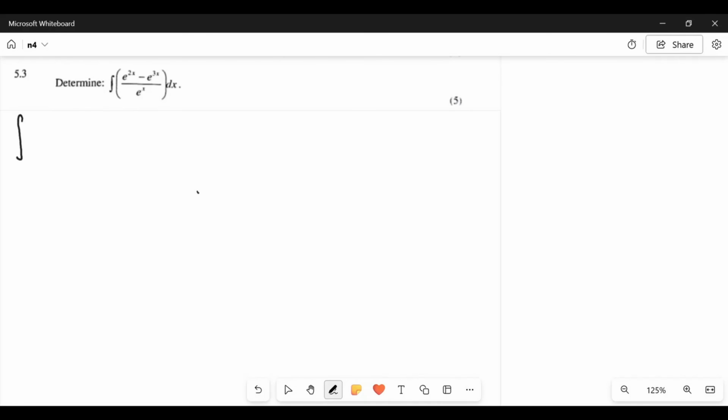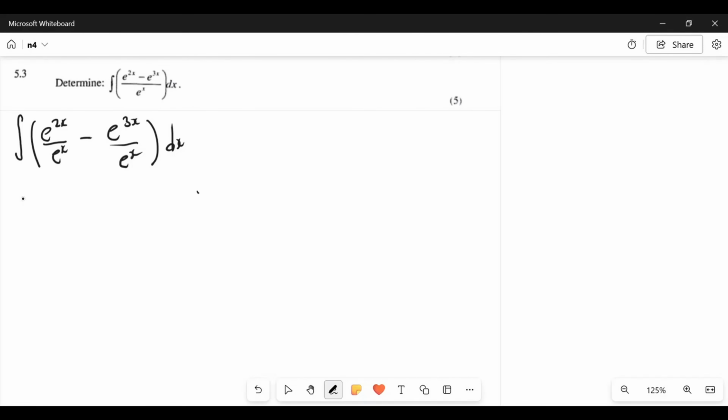As we are simplifying, you keep the sigma there. Let's do the simplification. I can write it like this: e to the power of 2x divided by e^x minus e to the power of 3x divided by e^x, close bracket, dx. Now, using exponents, we can subtract the exponents there, since all of these have the base of e.